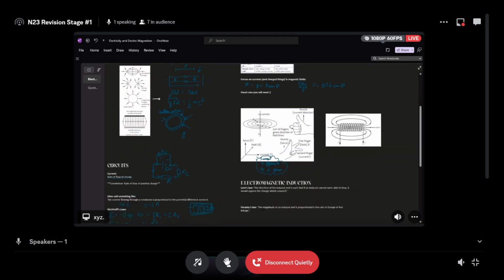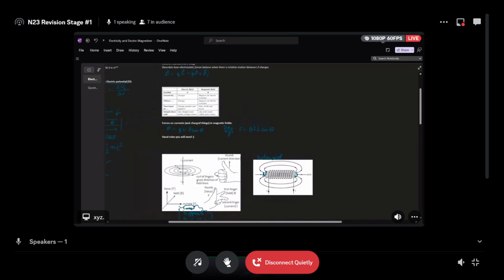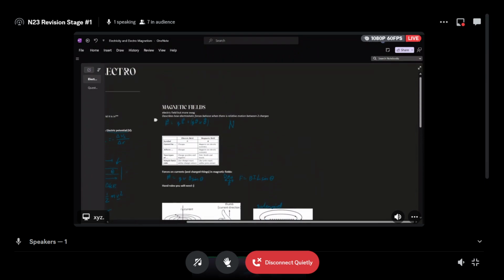Okay, very nice. This hand rule with the curl can also be applied with solenoids, to tell you which direction is the north pole and the south pole of the solenoid. So here, this is a north pole, this is a south pole. As we said before, magnetic fields go from north to south.